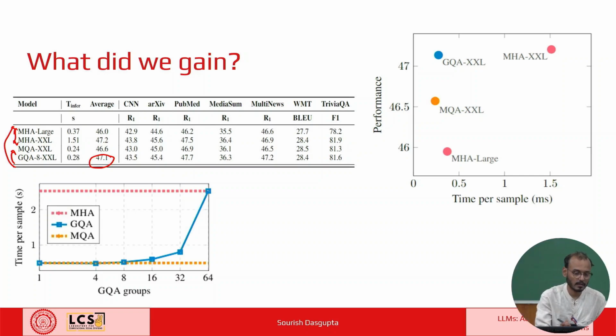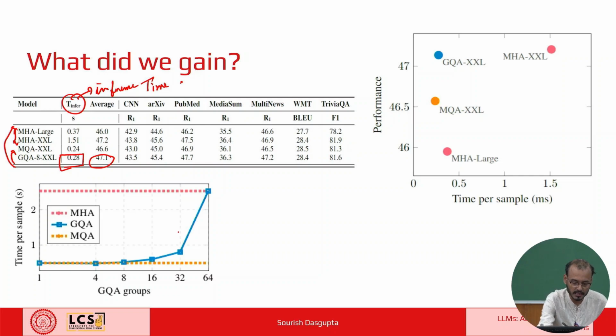And the inference time also, of course, cannot be like MQA, because you have drastically reduced everything into just one, but it got a really good reduction, comparable to MQA.